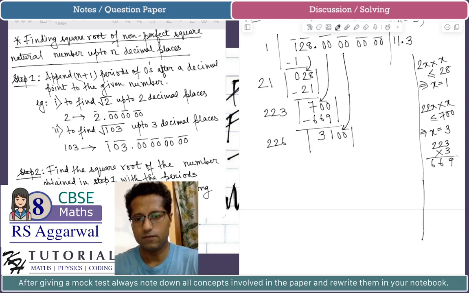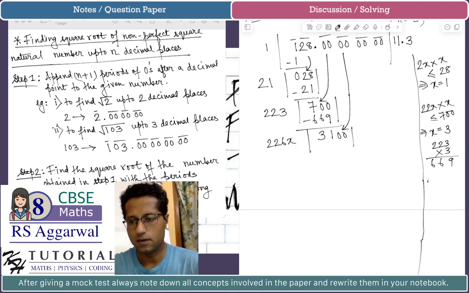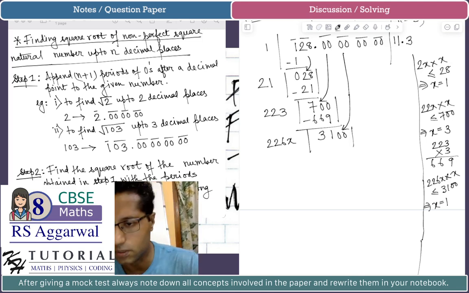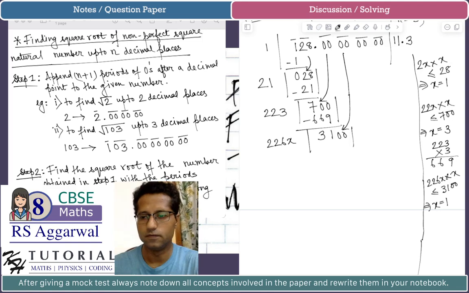Now again we have to find x such that 226x multiplied by x is less than or equal to 3100. So x has to be 1. x cannot be 2, then it will cross 3100. So x is 1.